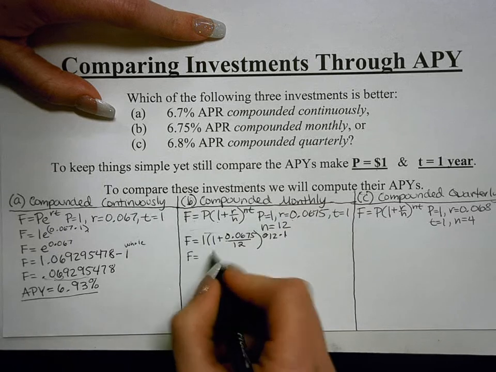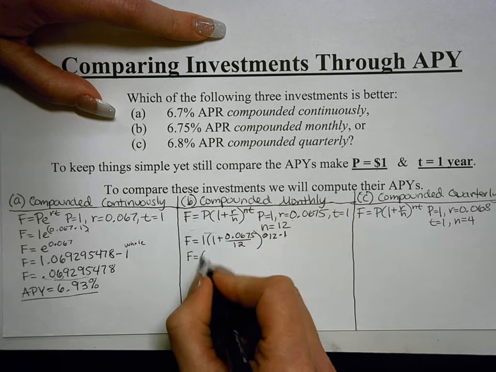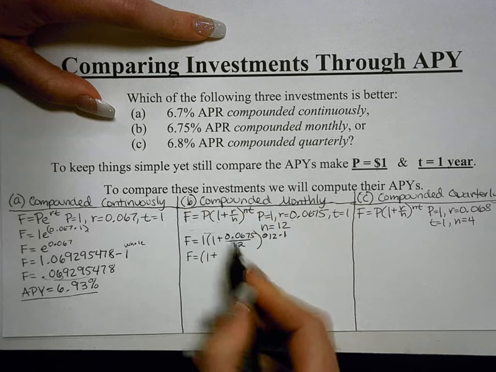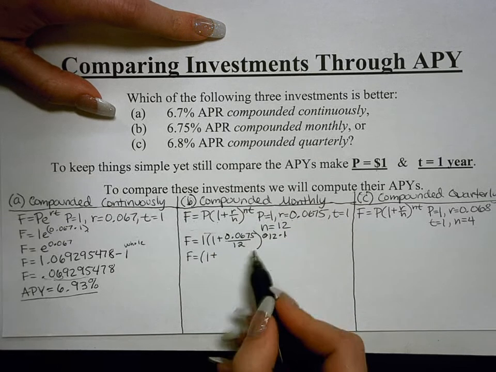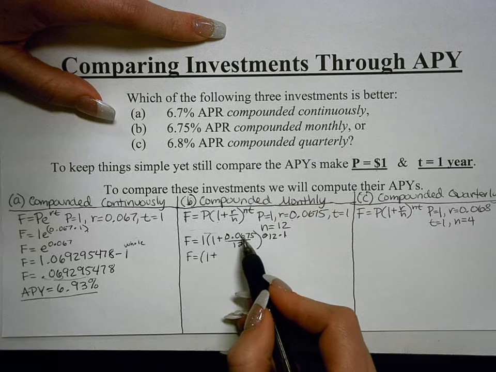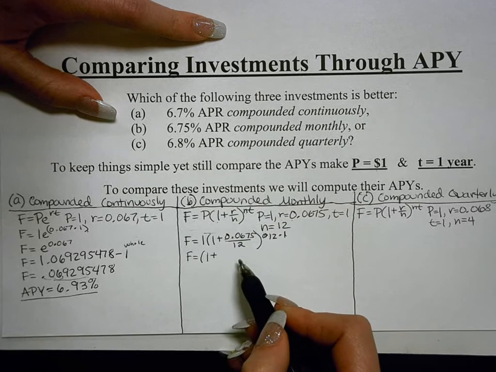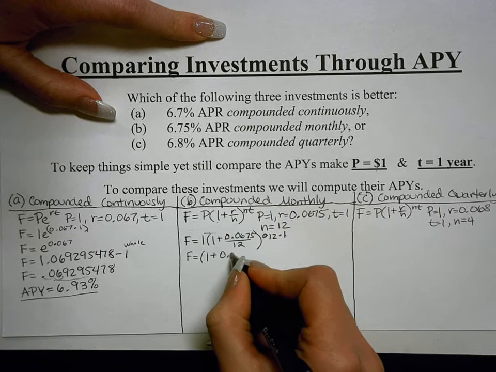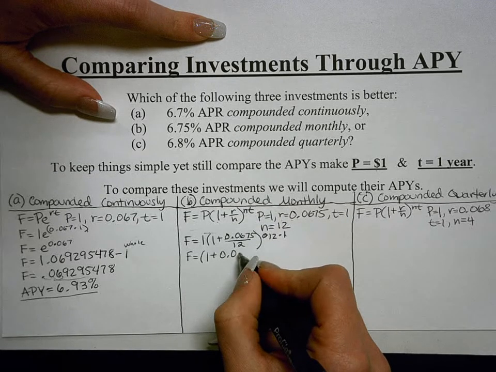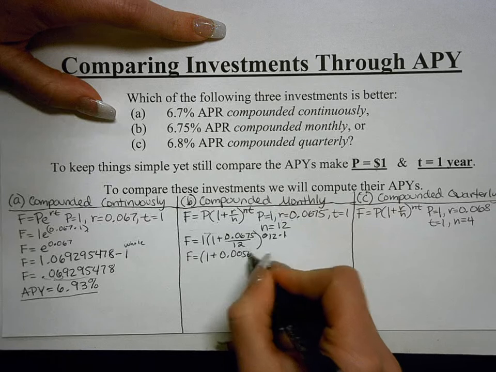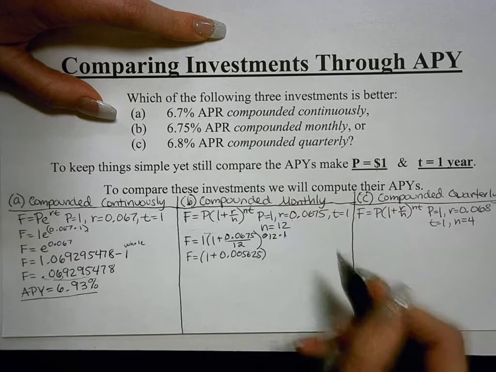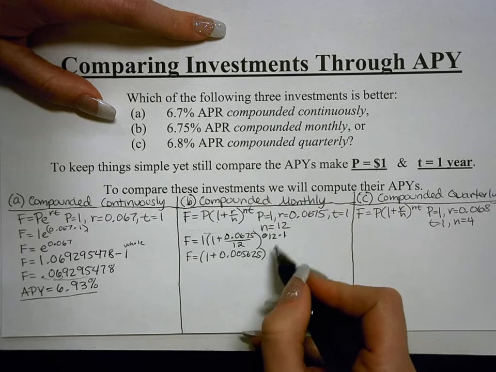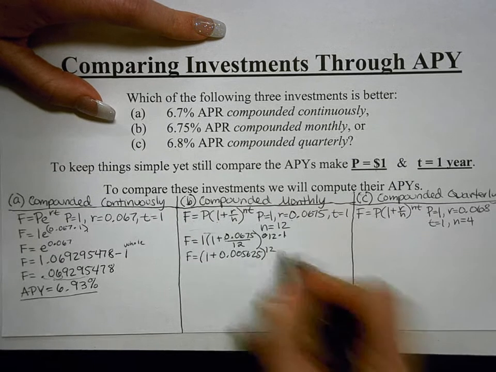That 1 is not needed, so I'm just going to write the parenthesis 1 plus. In order of operations, we have to do parentheses. We have to do the division inside the parentheses, which would be 0.0675 divided by 12. And that actually ends up being 0.005625, raised to the 12 times 1, which is 12.